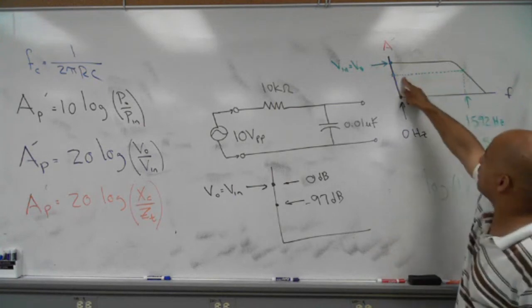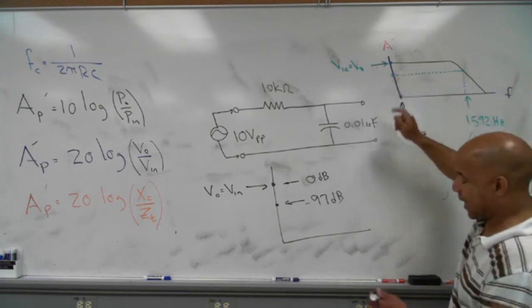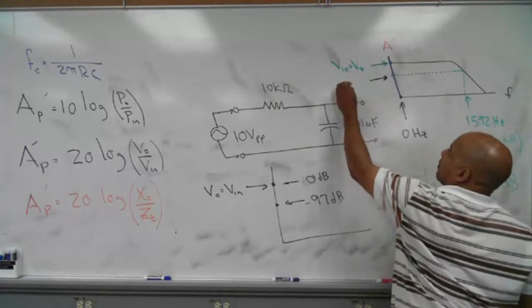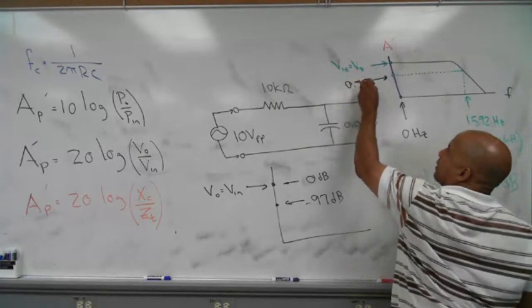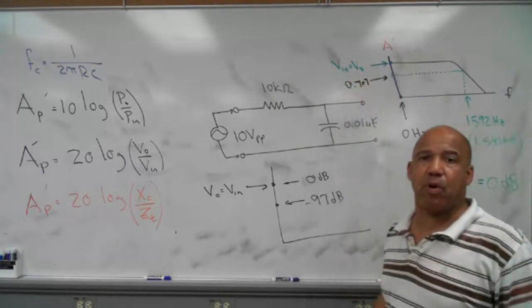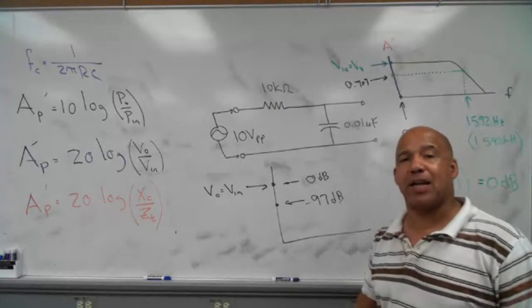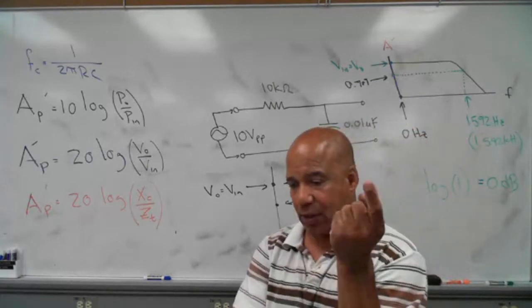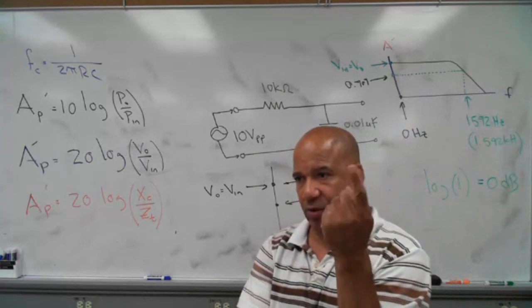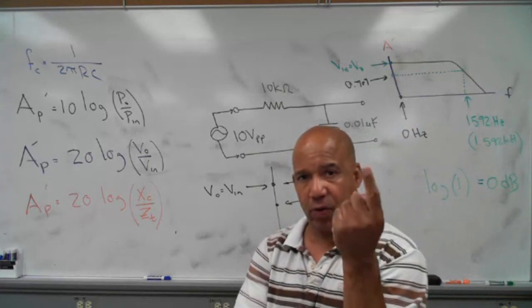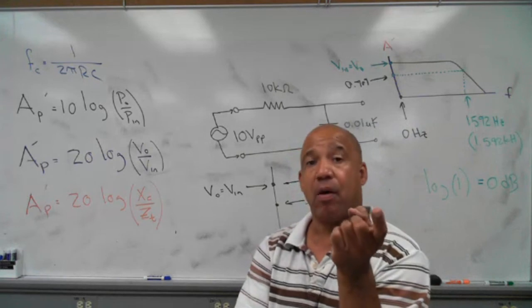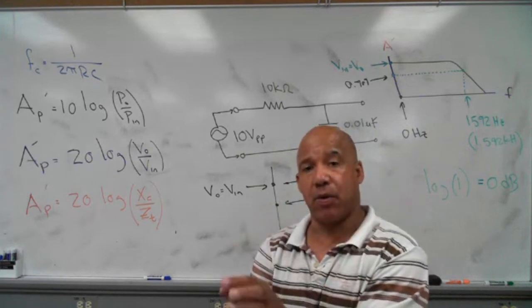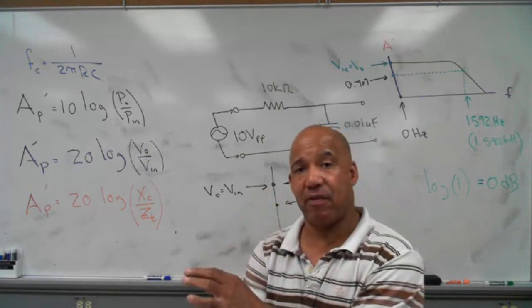So if I go back, that would be over here. Well, I know what that is. Right here, that's that 0.707 point. What do I know about the 0.707 point? Well, I know that the voltage is 0.707 of the total voltage, but what else do I know? I know that that's the point at which the power is decreased by half.